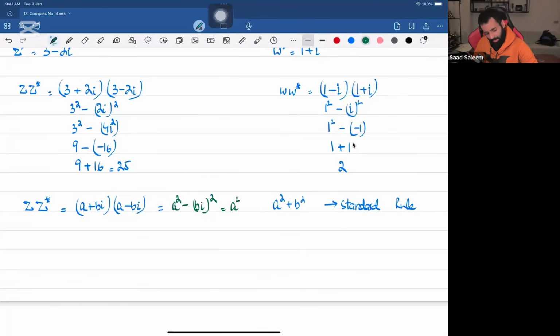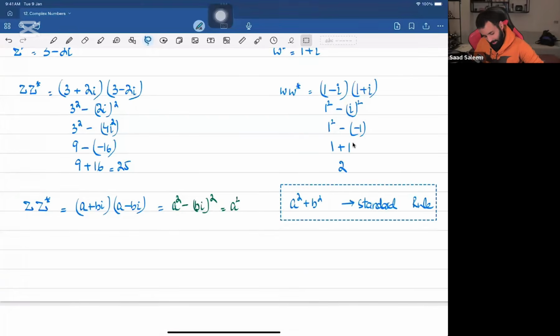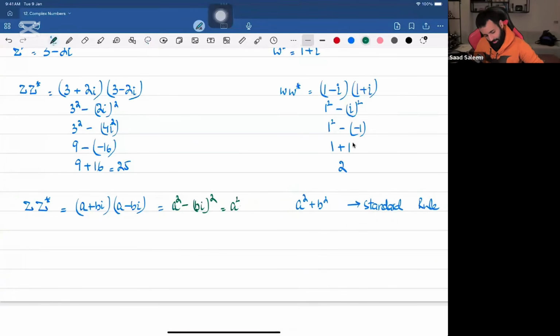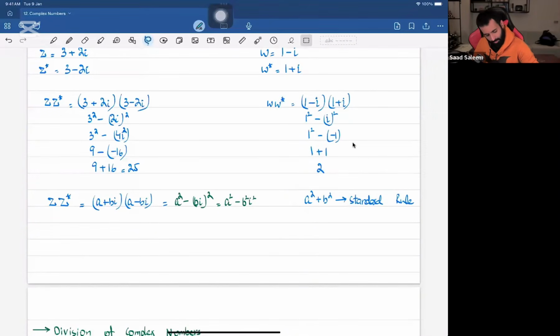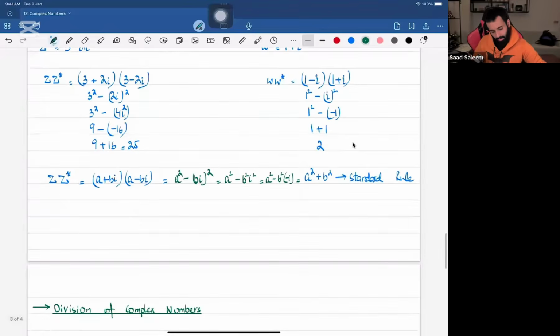And then it becomes a square minus b squared and iota squared. Now what's iota squared? That's equal to -1. So that's why it eventually becomes a square plus b square. There you go. Okay.